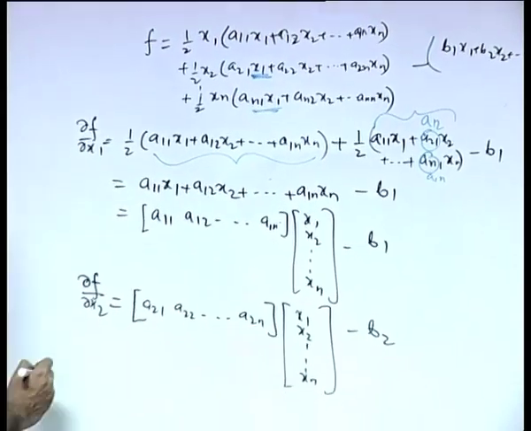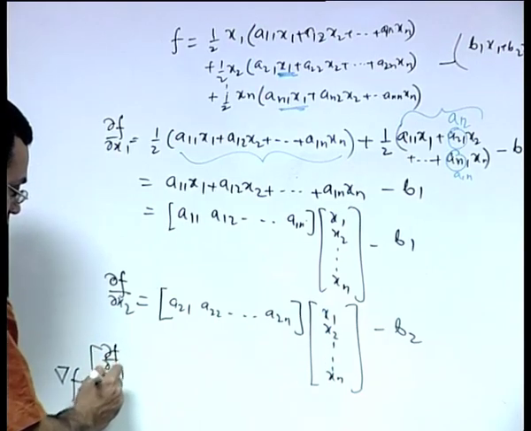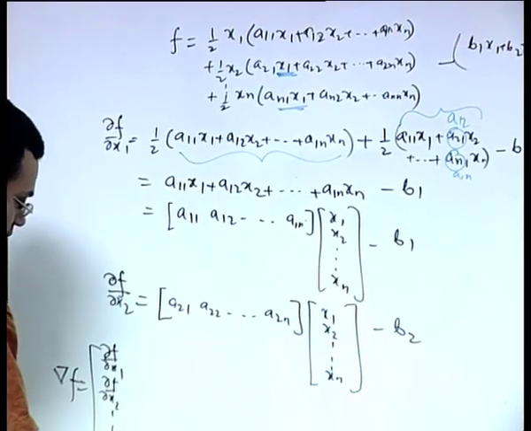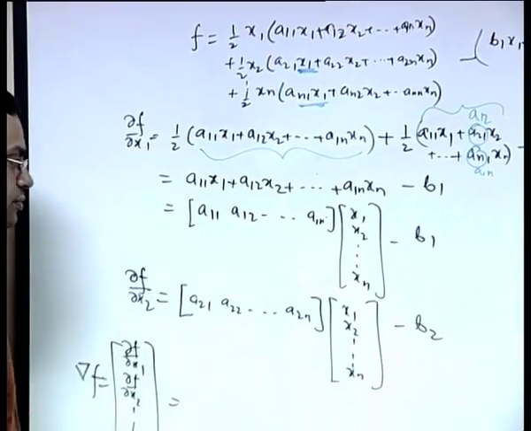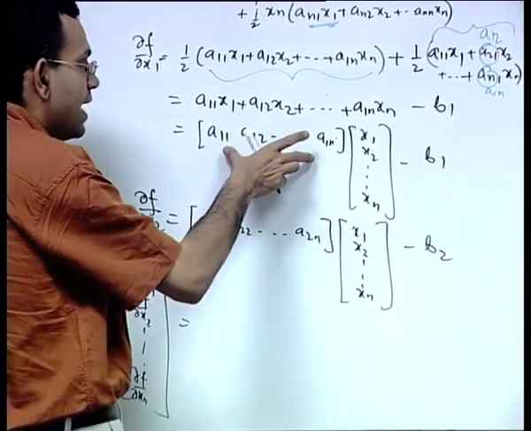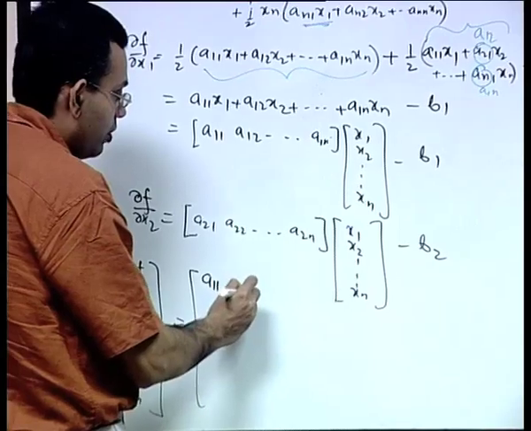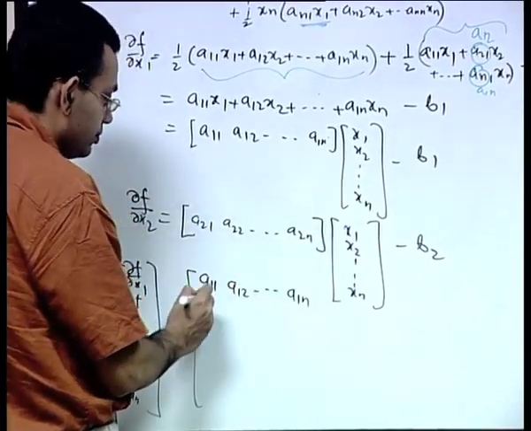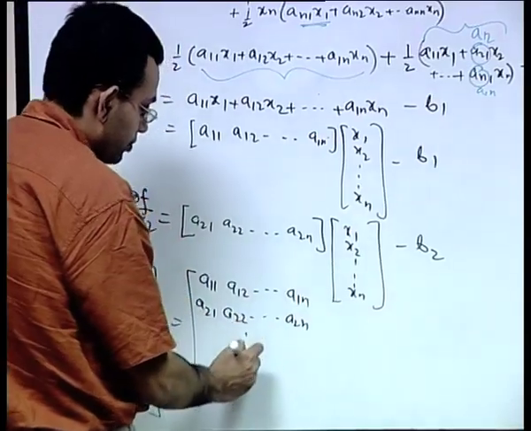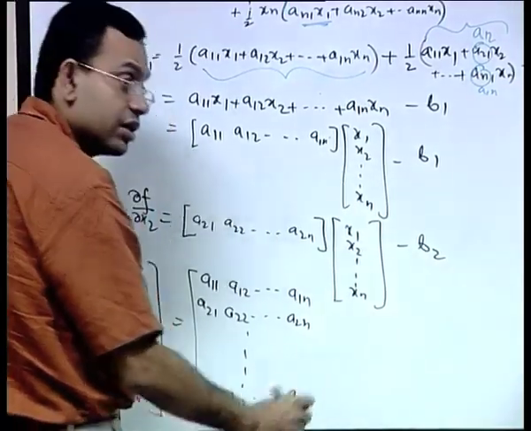So, if you write what is gradient of f, that is del f del x1, del f del x2 in this way del f del xn, you can assemble all these rows, so that finally you will get A11 A12 in this way A1n for the first row, A21 A22 in this way A2n for the second row, finally An1 An2 in this way Ann for the nth row.